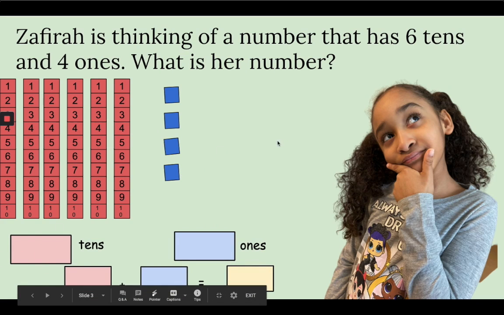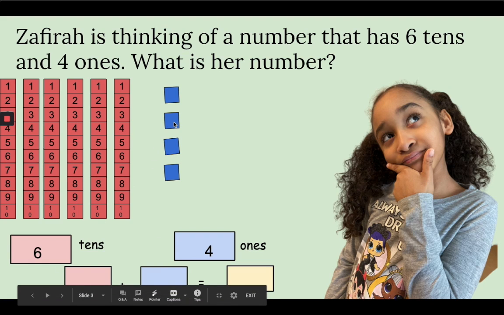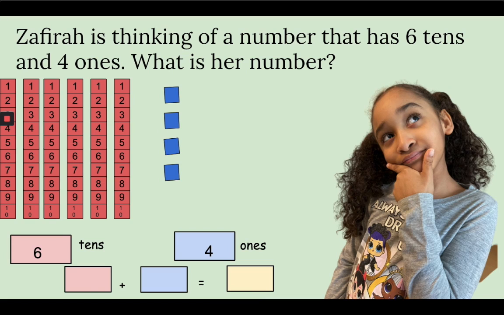How many tens is she thinking of? That's right, 6. And how many ones? You got it, 4. Now time for the addition sentence. What is 6 tens in our number form? That's right, it's 60. What about the ones? 4.